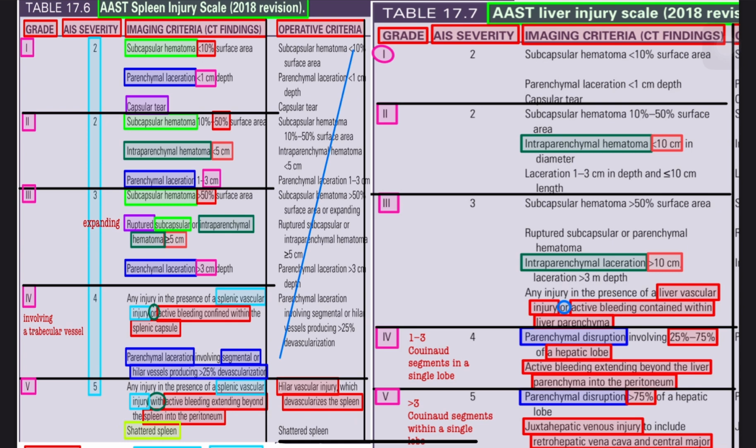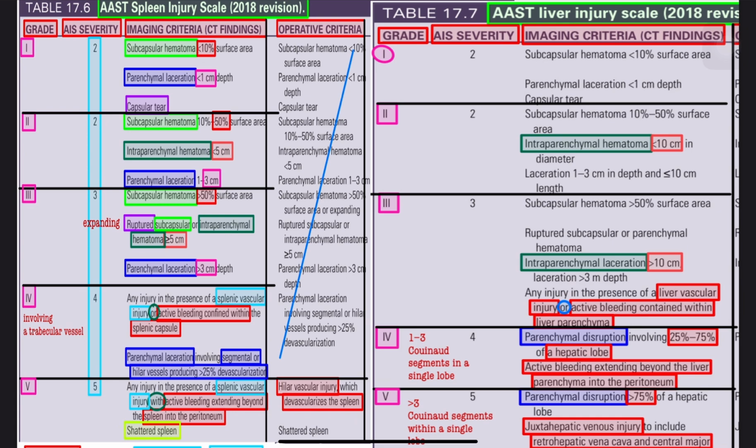In spleen the same thing comes in 4: any injury in presence of splenic vascular injury or active bleeding confined within splenic capsule is grade 4, but in liver it is 3.